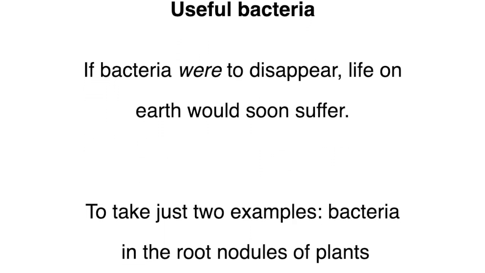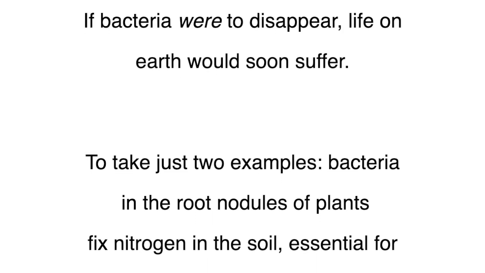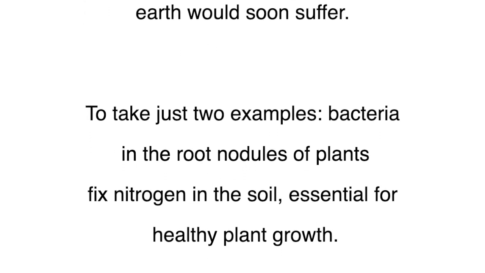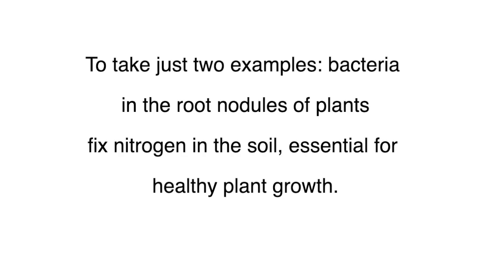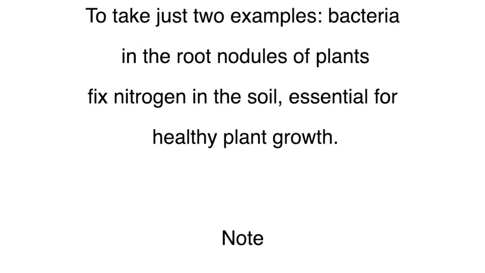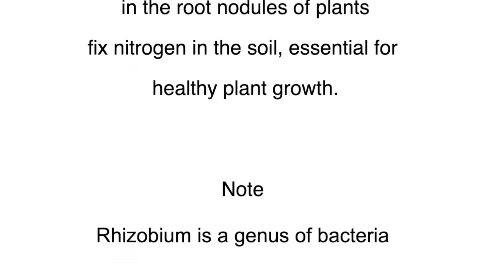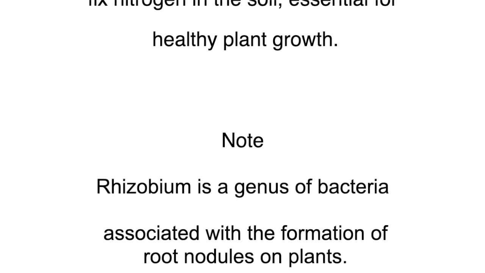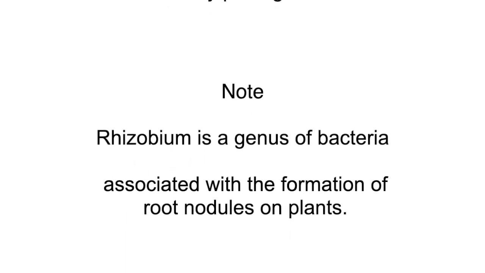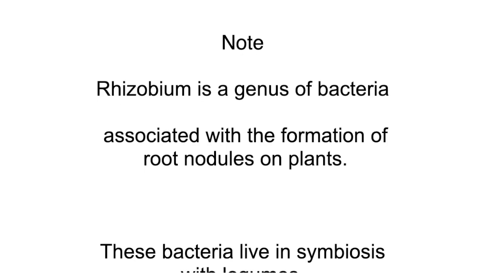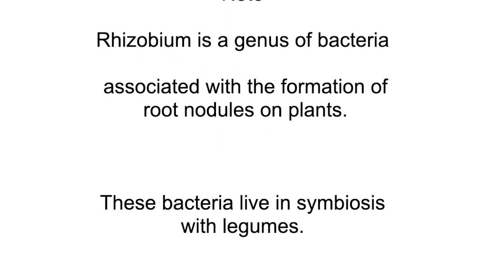To take just two examples, bacteria in the root nodules of plants fix nitrogen in the soil, essential for healthy plant growth. Note, Rhizobium is a genus of bacteria associated with the formation of root nodules on plants.